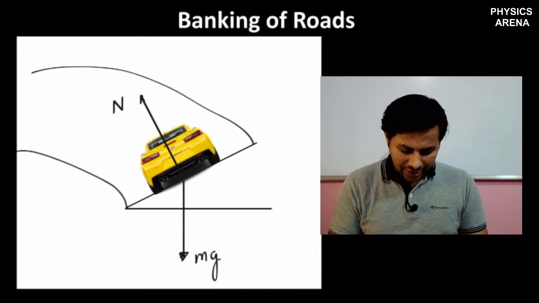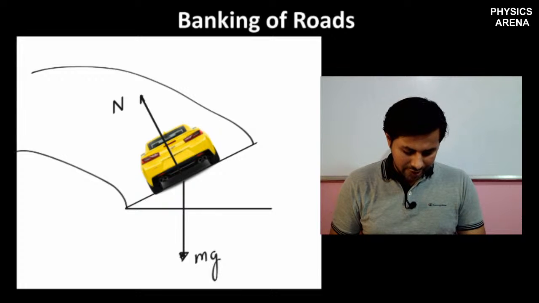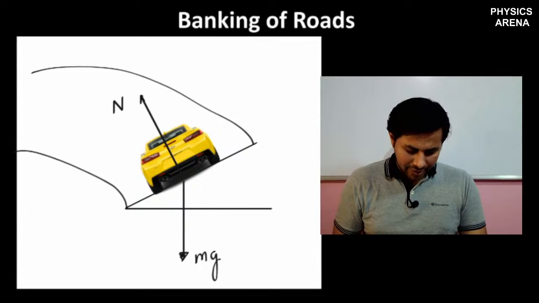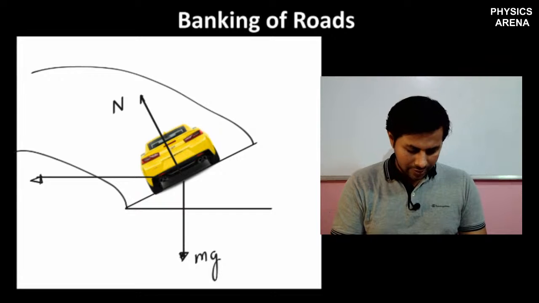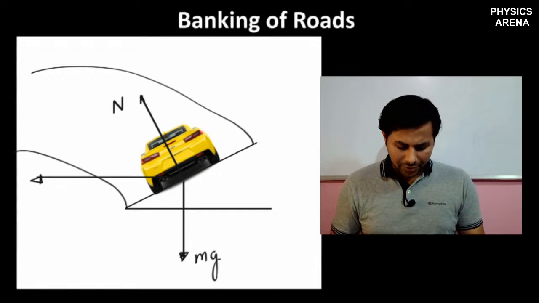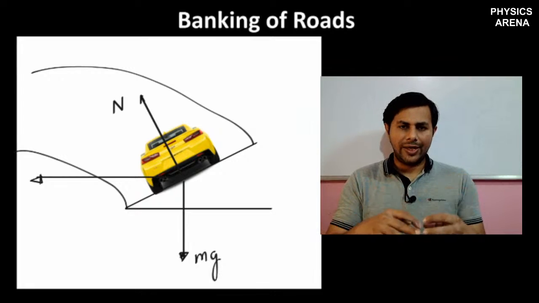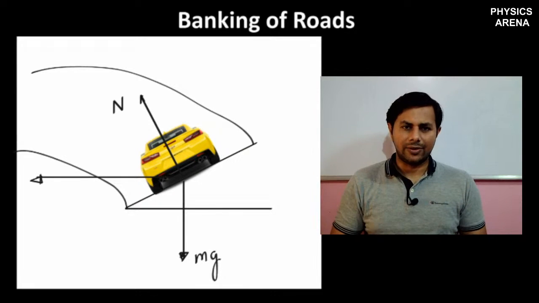The center of that car is directed something like this. We know that the vehicles tend to move away from center.